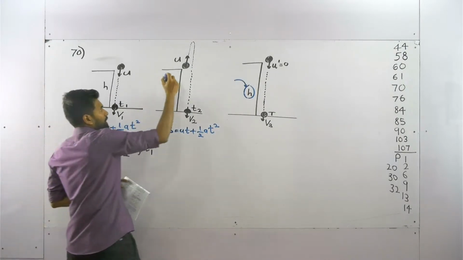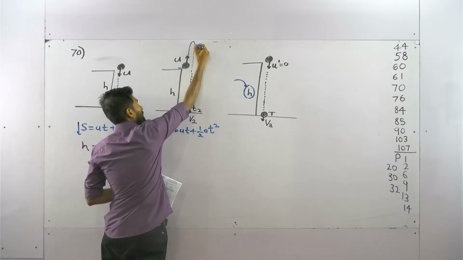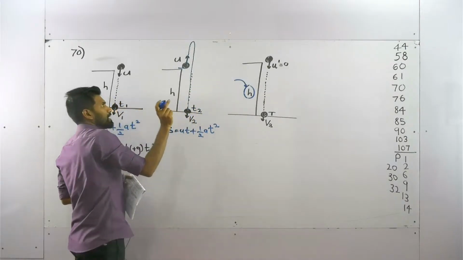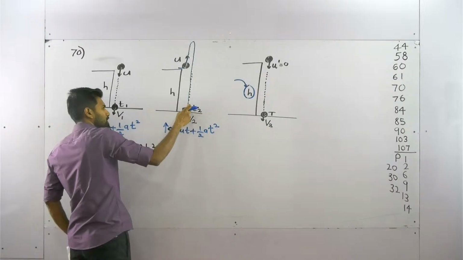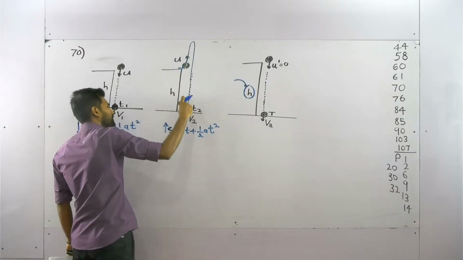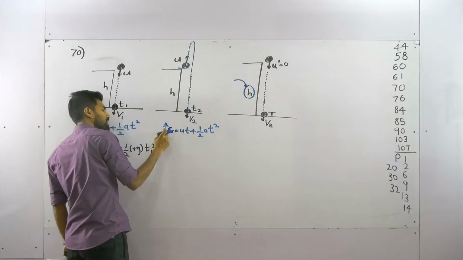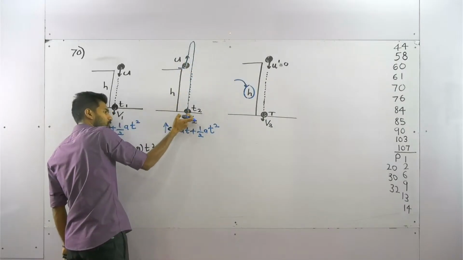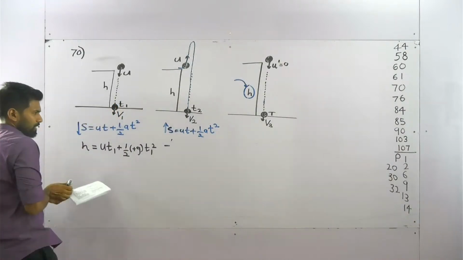Now initially it moves up, that's correct, but after the maximum height it comes back. So the displacement is not the distance that it travels. Displacement is the gap between the initial and final points. So it's h, but as we're applying the equation upwards, the final displacement is in the downward direction. So it's minus h here.